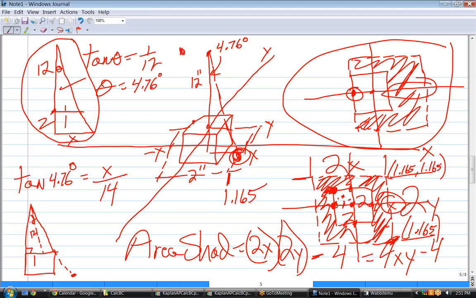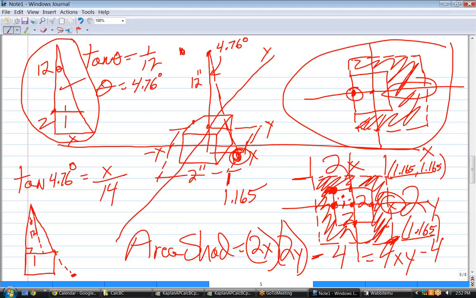So this angle here, delta, if not delta, but if I try to figure out this angle right here, that's that same 4.76 degrees. Yeah, I guess, yeah, right.